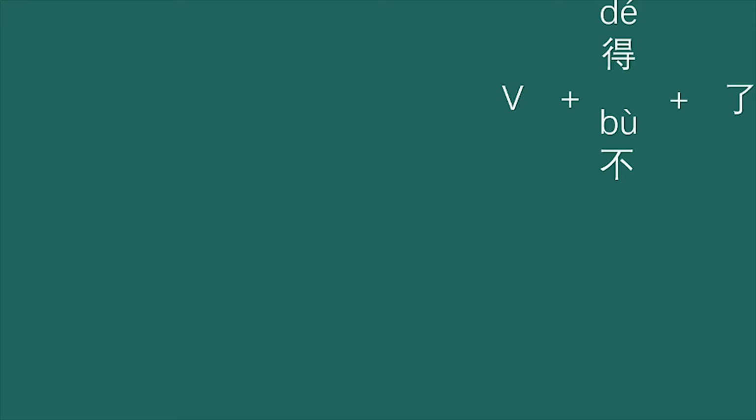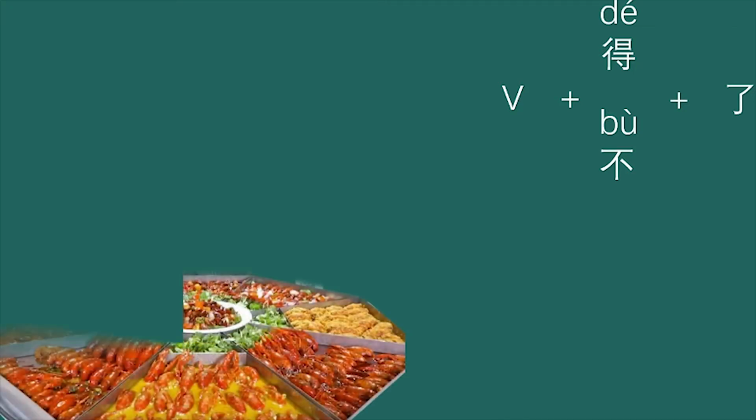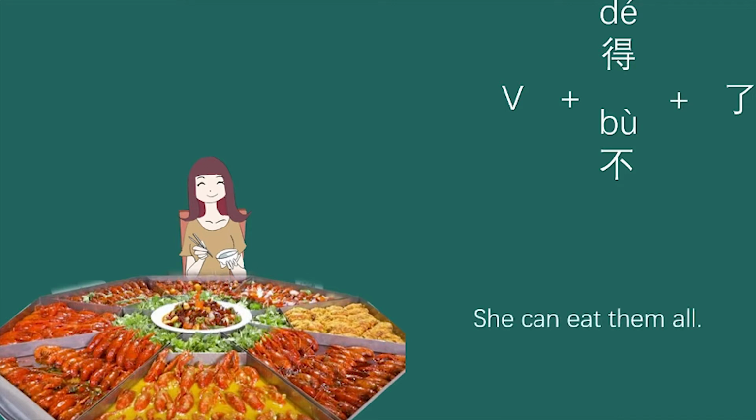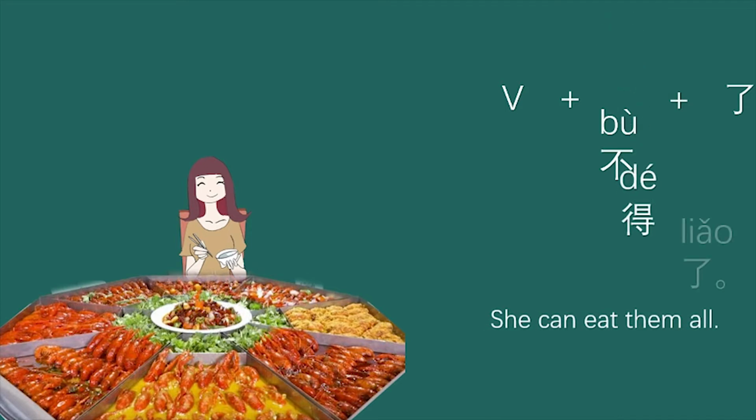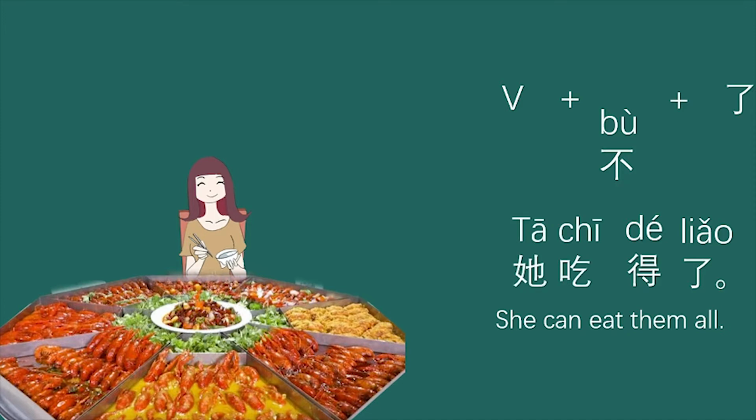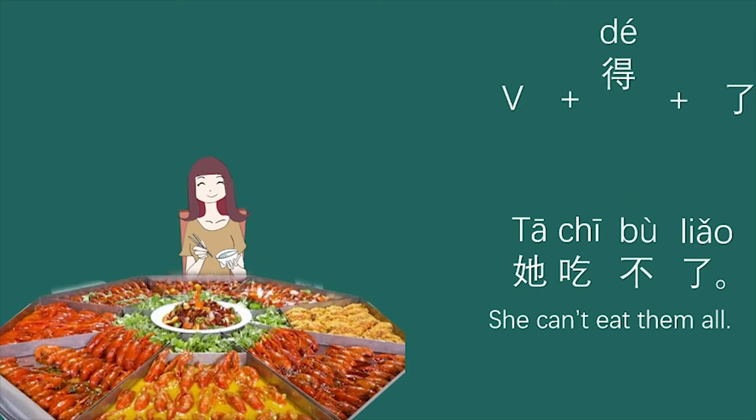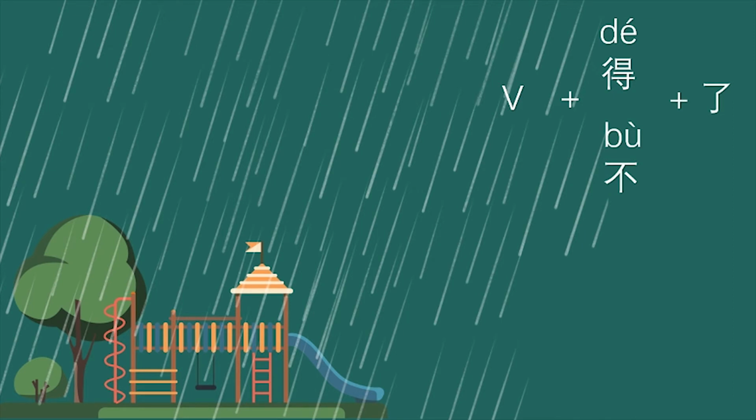If it failed, it is verb add 不 add 了. 他吃得了。他吃不了。We planned to go to the park, but now we can't go.